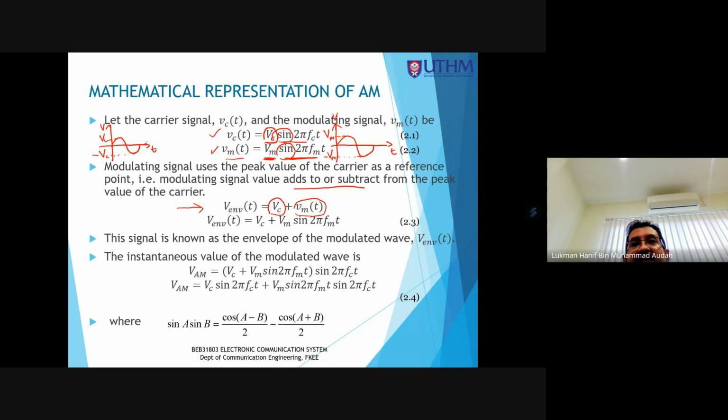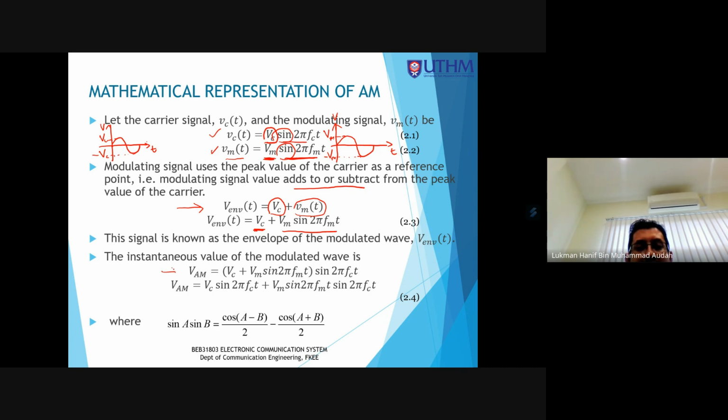In mathematics, normally if it is a constant we use a capital letter, and if it is a function we use a small letter. So VC is a constant, the peak amplitude of the carrier, plus the input modulating signal, VM sine 2 pi FM t.